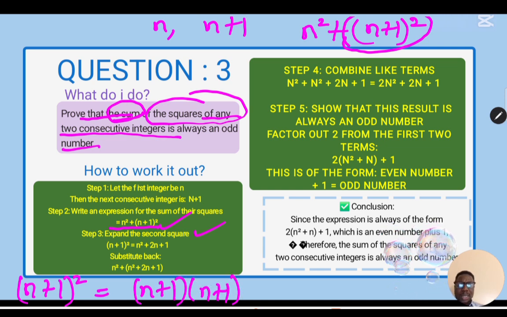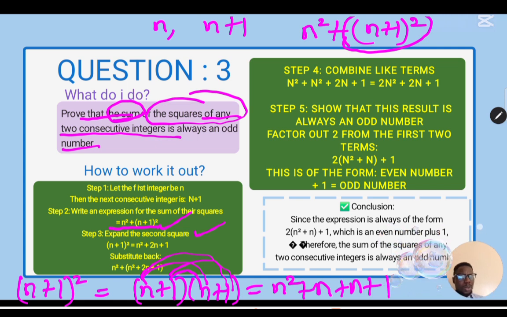That is how to expand. n times n gives n squared. Then n times 1 gives 1n. Then 1 times n gives 1n. Then 1 times 1 gives plus 1. So finally, what can we have here?